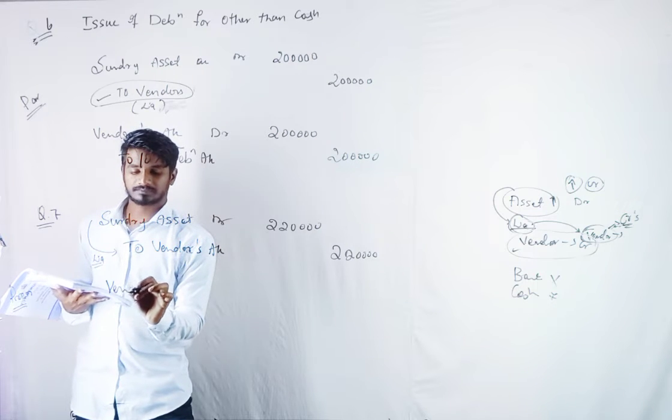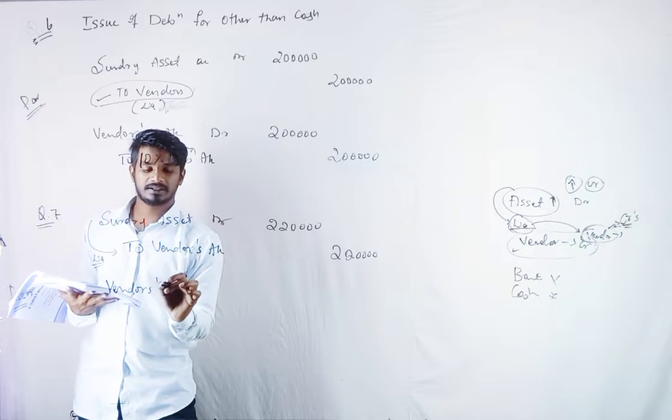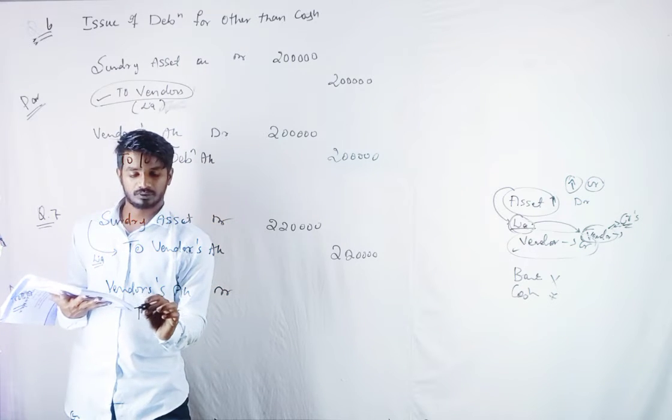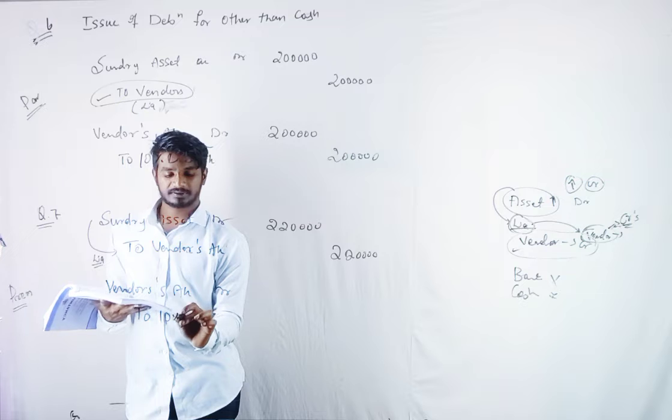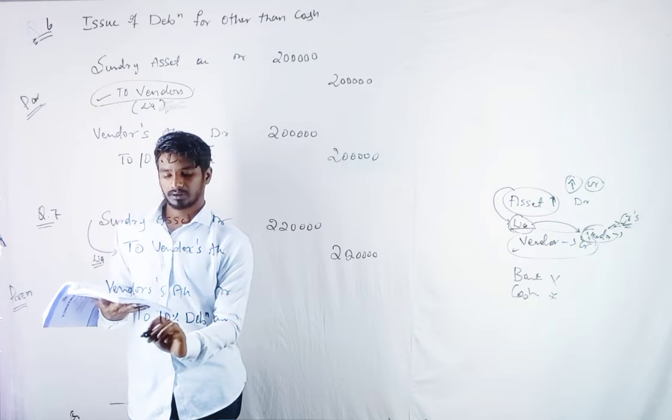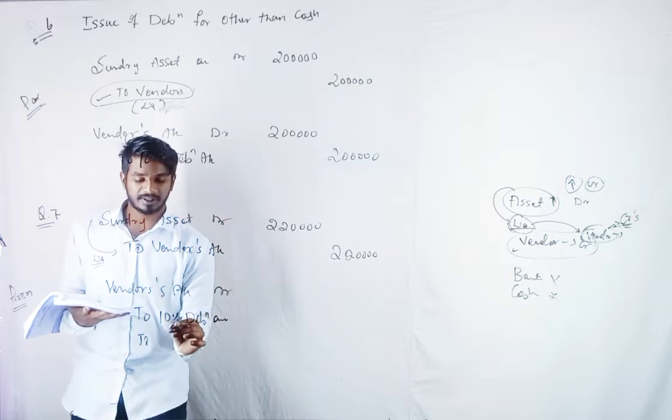Then at the time of payment, vendors account debit to 10% debenture account and to security premium.